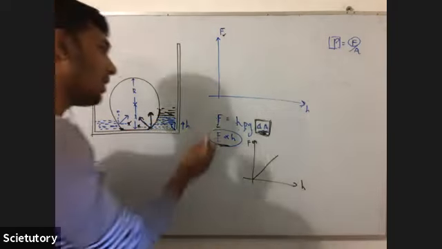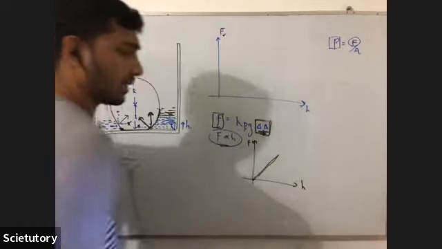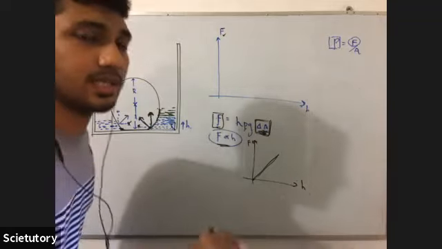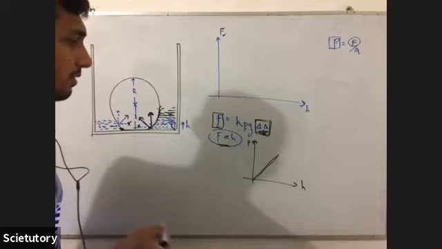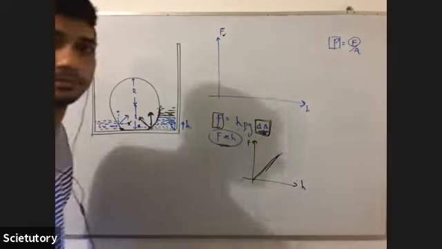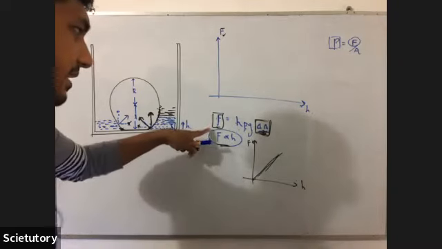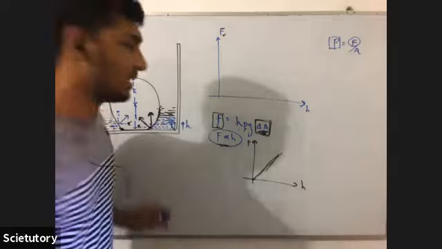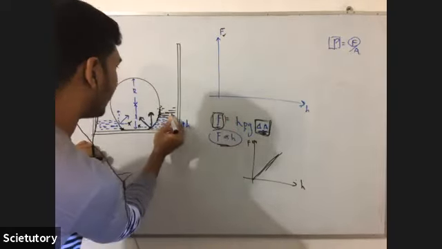So the already existing force is increasing linearly with H, and also new forces are generated because new parts are getting wet. So will there be a linear increase or something more than that? More than that. Already existing forces are increasing and new forces are created.